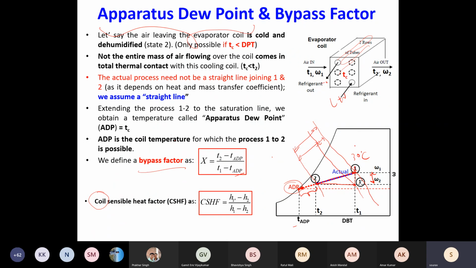If I ask you the sensible heat factor, it is this divided by the total heat transfer. I think these things are asked in one of the experiments at the end. Based on the data you get from the experiments, you can find out all these parameters for the cooling coil used in the experiment.